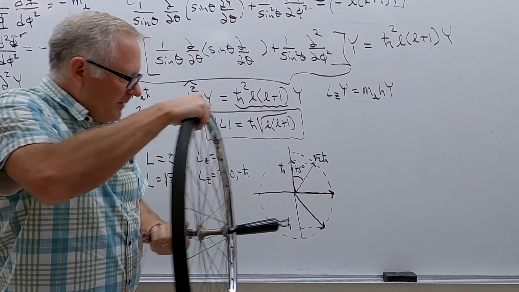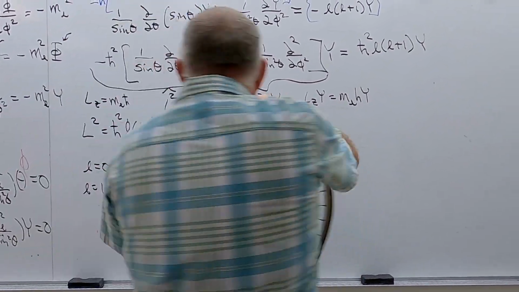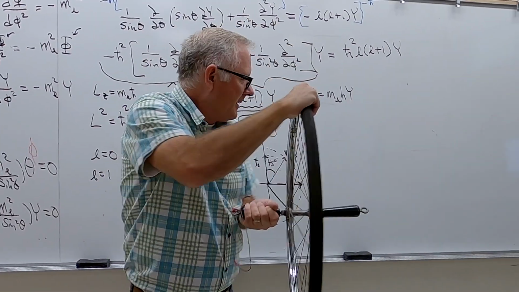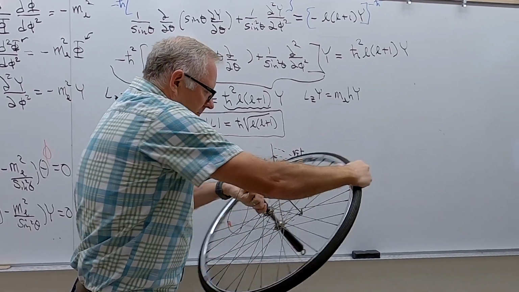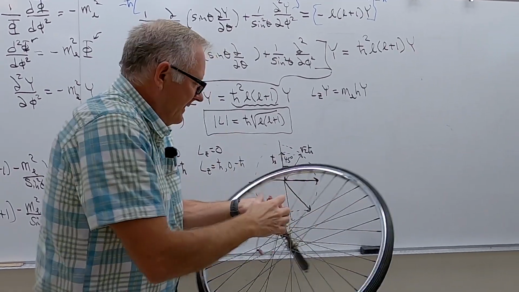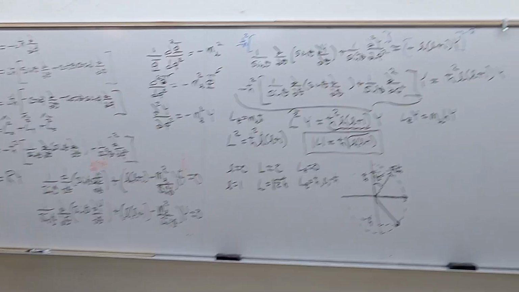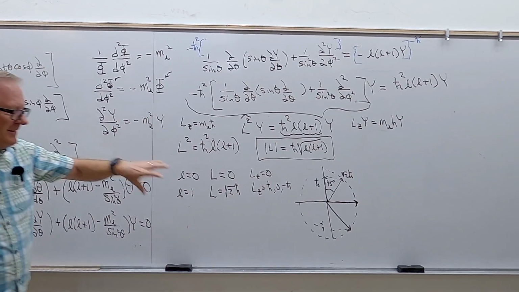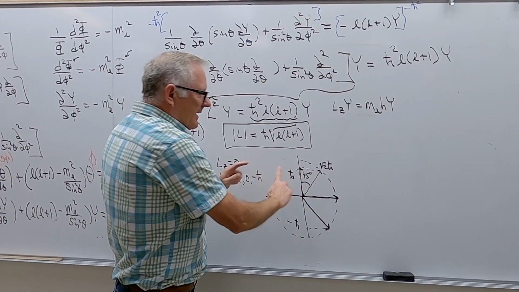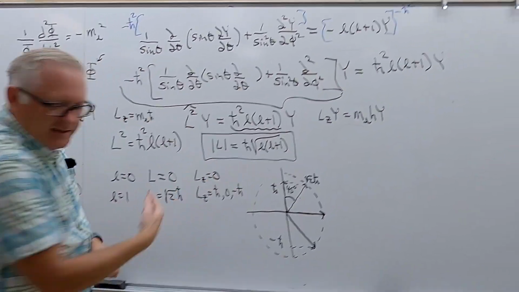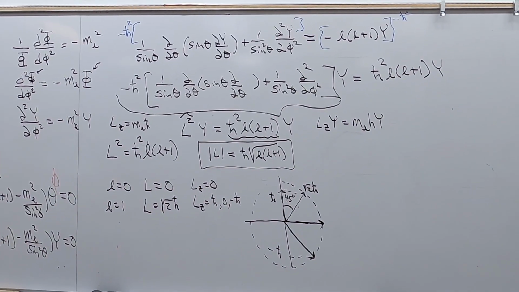This other case would be like this and going around like this. And the third case would be going around like that. So you can see almost that space is kind of quantized because you can only be in certain configurations right here.